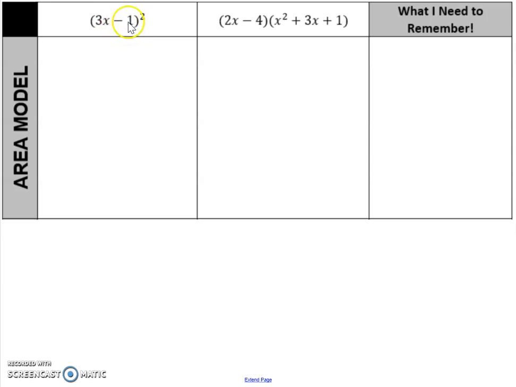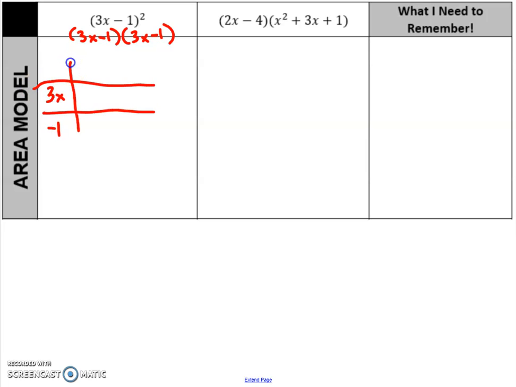We have 3x minus 1 quantity squared. Remember, exponents tell us how many times to multiply something times itself. So 3x minus 1 squared is the same as 3x minus 1 times itself, 3x minus 1. Okay, if I know that, then I can set up my box. 3x minus 1 on the side, 3x minus 1 on top. And we multiply in. 3 times 3 is 9. x times x is x squared.